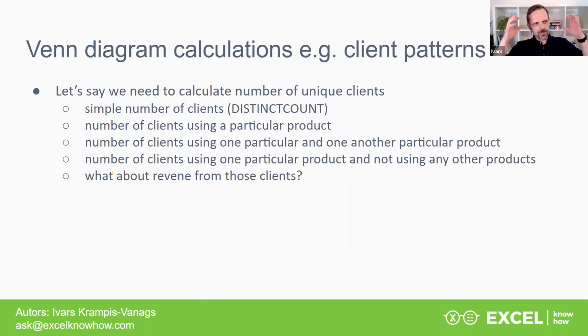Then say, okay, I have so many clients using these services, and so many clients that use both of those services, and so many clients use neither of those services but use the third one. So lots of magic can happen behind that. And then a good question at the end is, what about revenue from those clients? So how to do that?